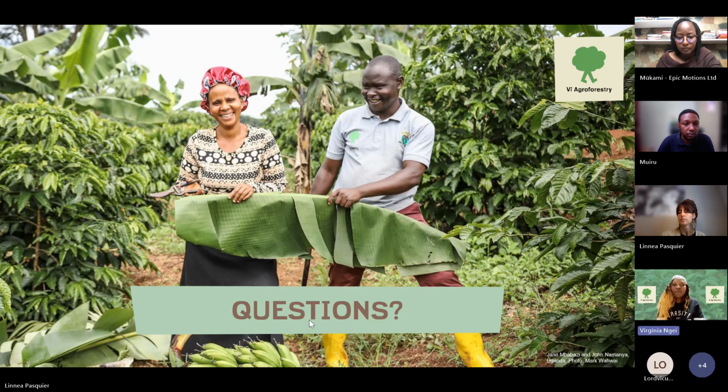Yeah, so first of all, there are some specifics we will have to make the team understand, Mukami and the team, because there's the governance structure, and I agree with what Linnea said. Each carbon project is unique, but there are things which are similar. The process which Linnea just took us through is common, or has to be, in all carbon projects.